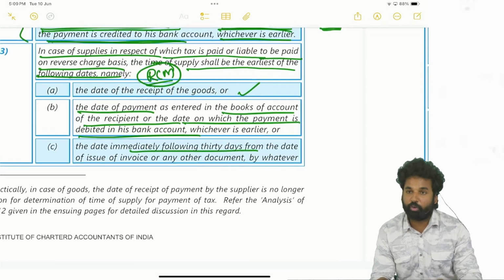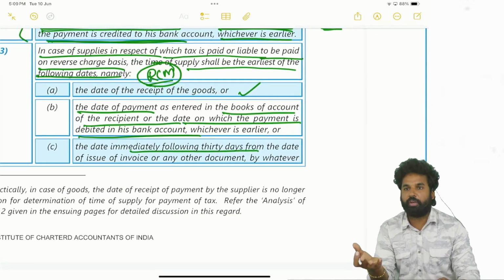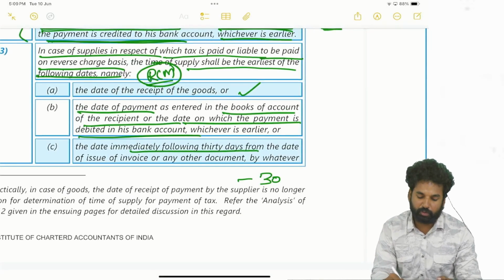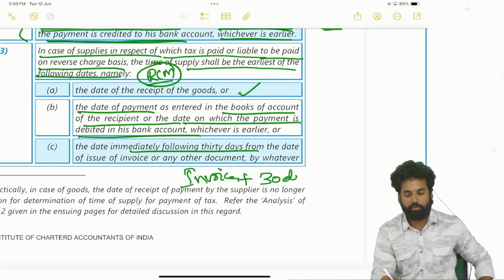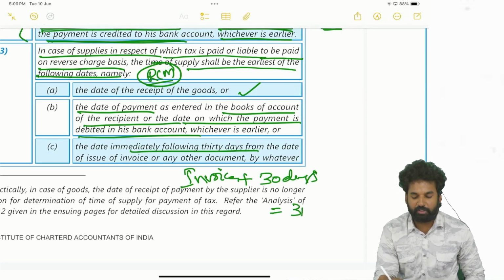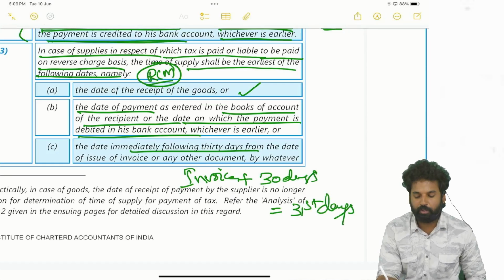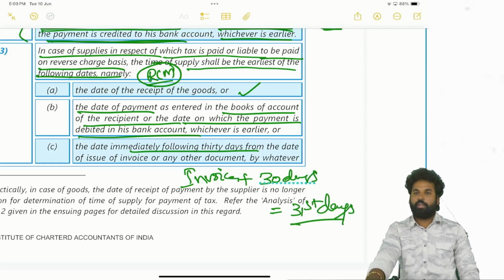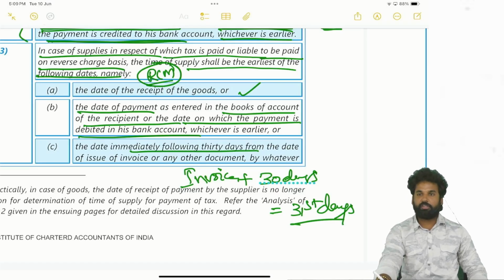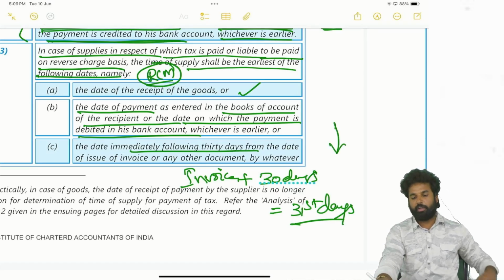From the date of issue of invoice, you have to add 30 days. That means the 31st day from the date of invoice, whichever is earlier. So technically, how many dates are coming?